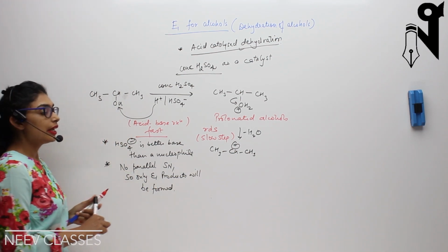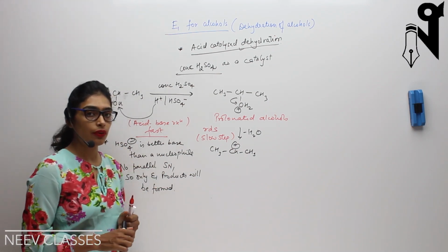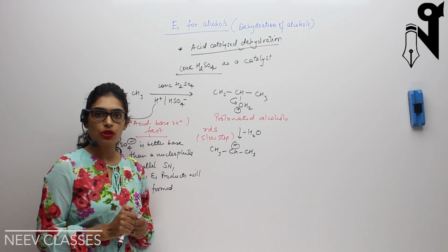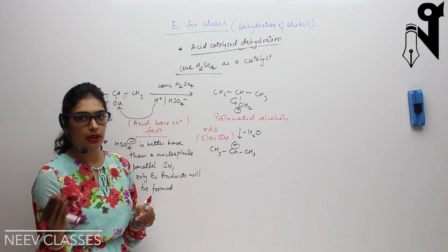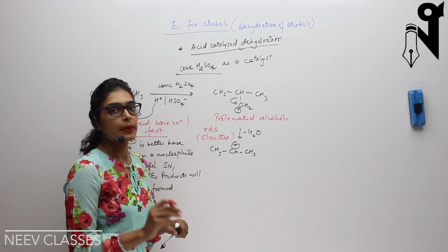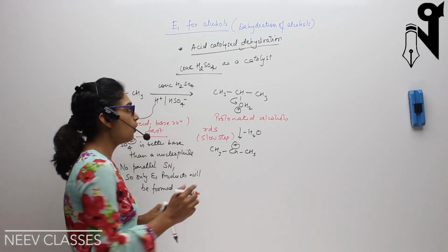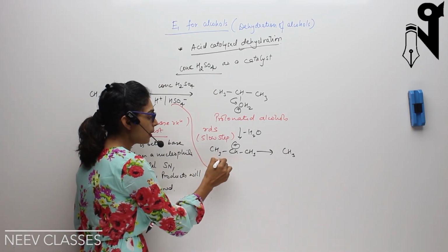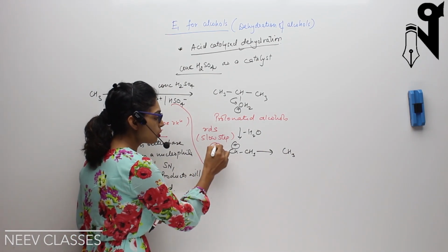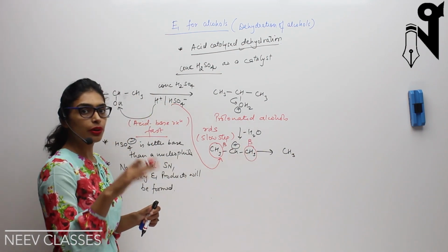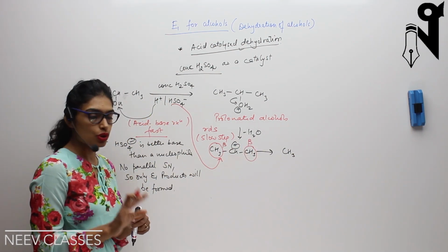As in the previous case when we were dealing with haloalkanes, we had two parallel products forming: one is the SN1 product, and another is the E1 type of product. Here only the E1 product will be formed. So now this HSO4- will attack on the beta carbon. This is my beta carbon, and this is also my beta carbon, and it will try to remove the hydrogen from the adjacent position.